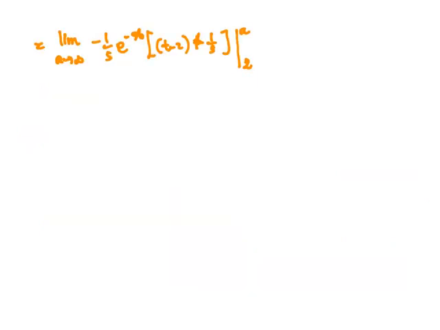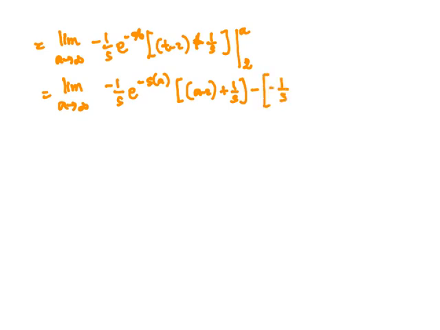Which gives us the limit as a approaches infinity of, evaluating from 2 to a, you have negative 1 over s e to the negative s times a minus 2 plus 1 over s minus negative 1 over s e to the negative s times 2 minus 2 plus 1 over s.